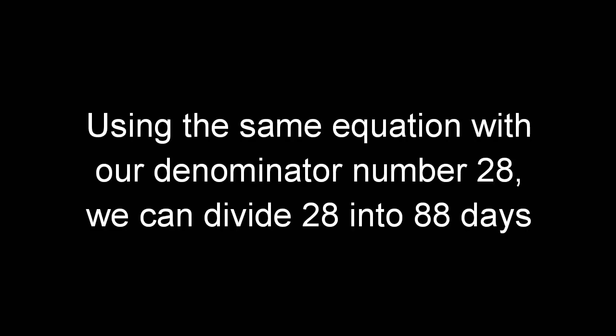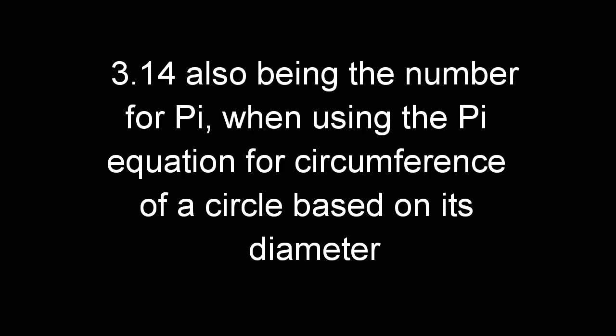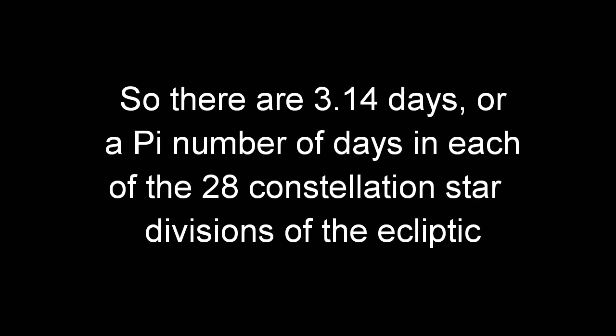Using the same equation, with our denominator number, 28, we can divide 28 into 88 days. 88 Mercury days in a year, divided by 28 ecliptic constellation star divisions, equals 3.14 days. 3.14 also being the number for pi, when using the pi equation for circumference of a circle, based on its diameter. So, there are 3.14 days, or a pi number of days, in each of the 28 constellation star divisions of the ecliptic.